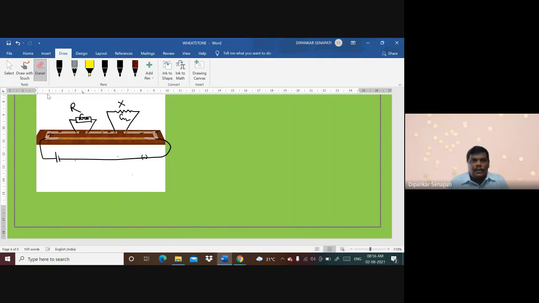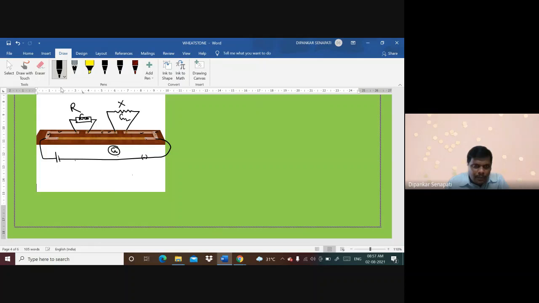You can see the power is supplied here at a very small voltage, 2 volt or 1 volt. We can also use a Leclanché cell to perform this experiment, there is no problem. So this is X, this is Y, and to this screw we will connect a galvanometer. Let the galvanometer be kept here.